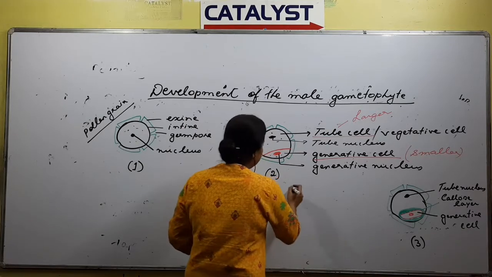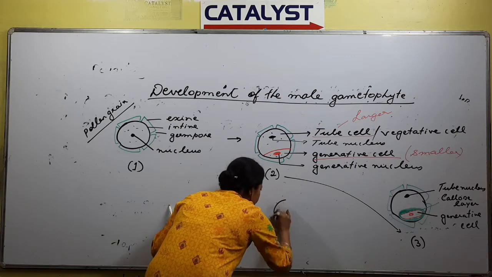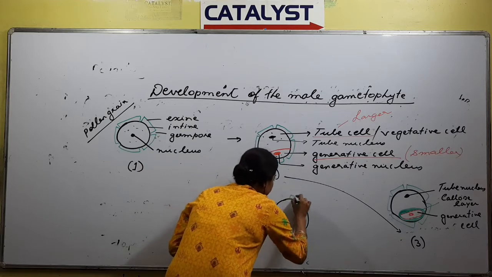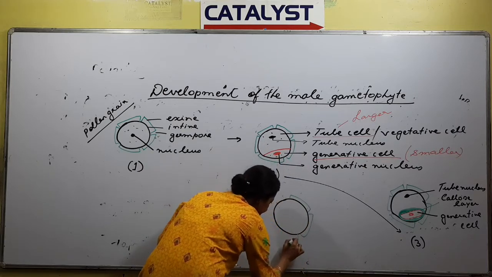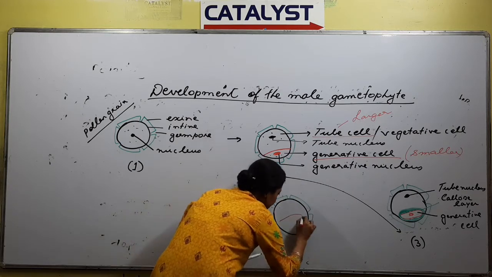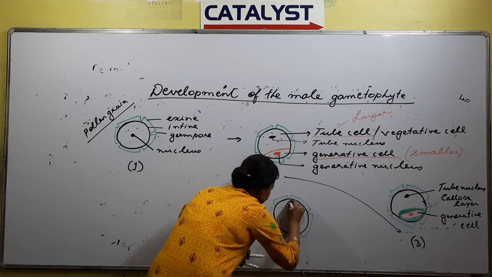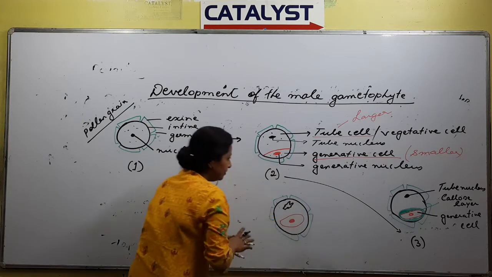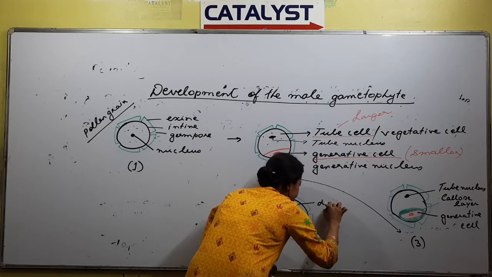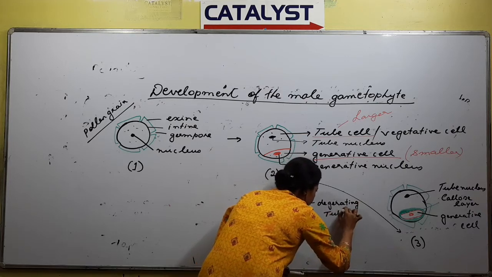Next we have the fourth step. So after the second and third, now comes the fourth. So in the fourth, what will happen? Then we have this enzyme. So this is a structure that we'll see, in which this one is the degenerating tube nucleus.